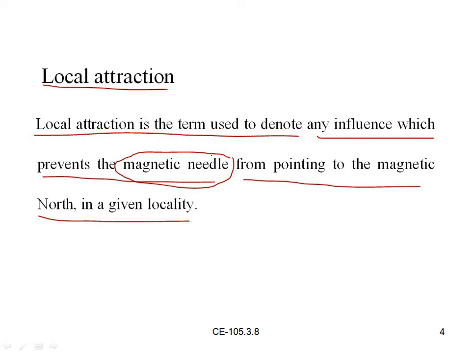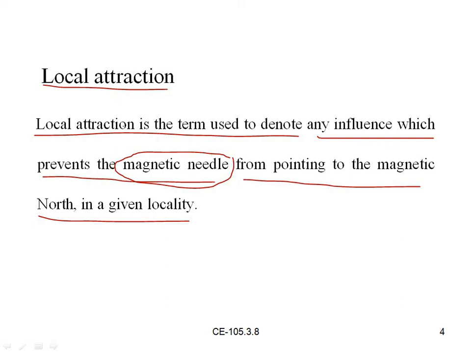If you are sighting any object nearby, you should not keep any iron particles or iron items. If they are there, the needle will be attracted to that item and we will not get the actual measurement; we will get a difference in bearing, or an error.